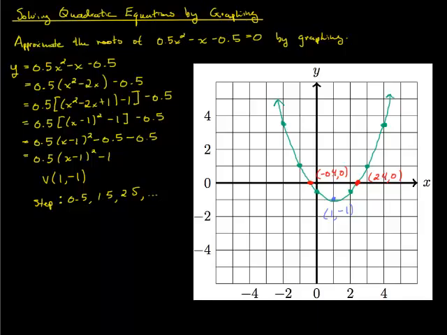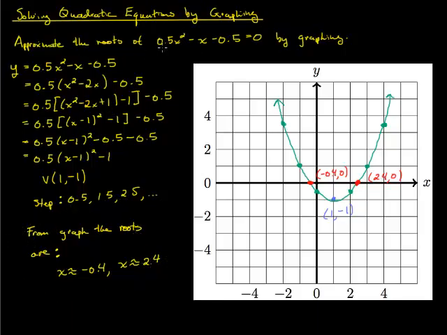So from the graph, the roots of this equation are approximately negative 0.4 and 2.4. So I can write out from the graph, the roots are x is approximately equal to minus 0.4 and x is approximately equal to positive 2.4.